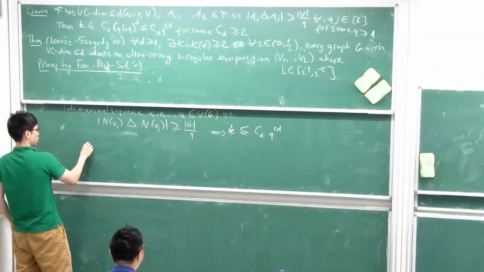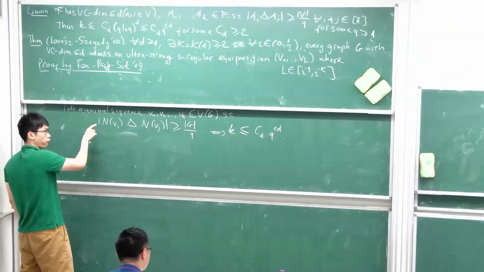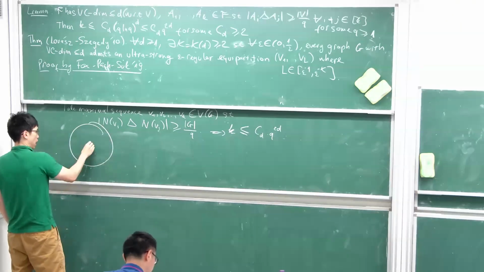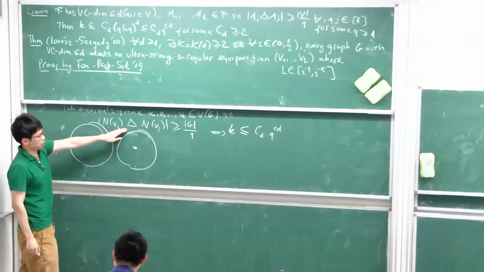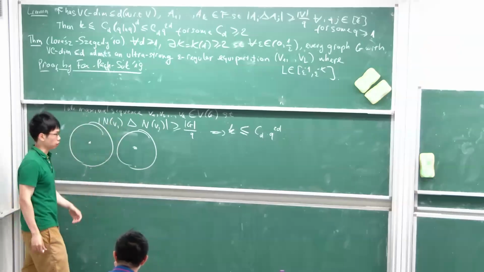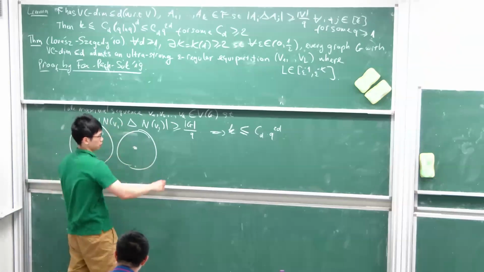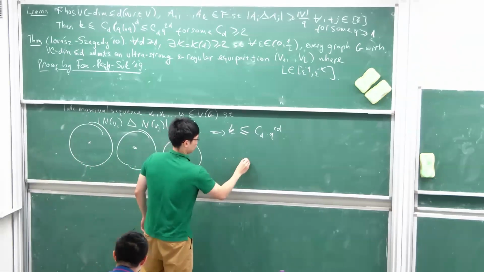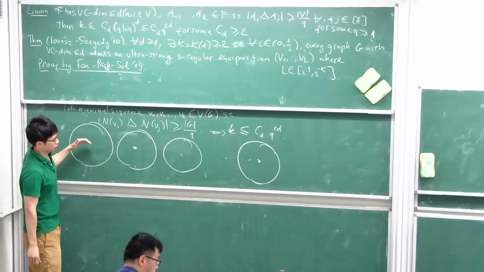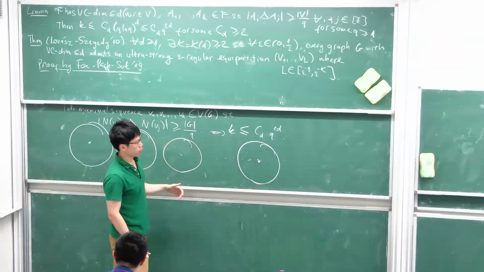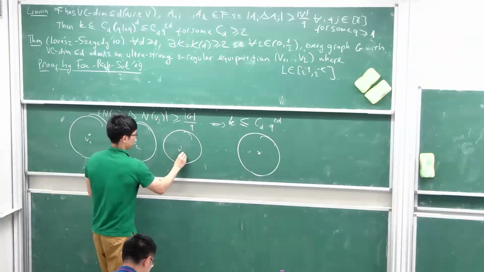Now we classify the vertices of G depending on the balls surrounding these v_i. And why am I saying balls? Because symmetric difference behaves like a metric on the graph, in the sense that it obeys the triangle inequality. So these balls together will cover all vertices of G. This is v1, this is v2, v3.